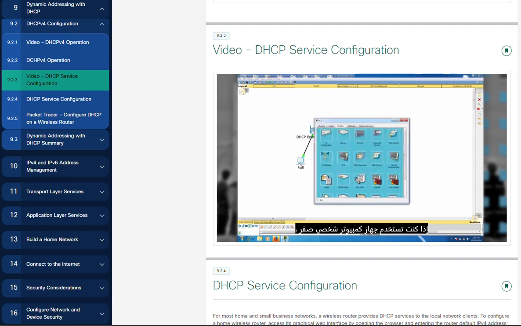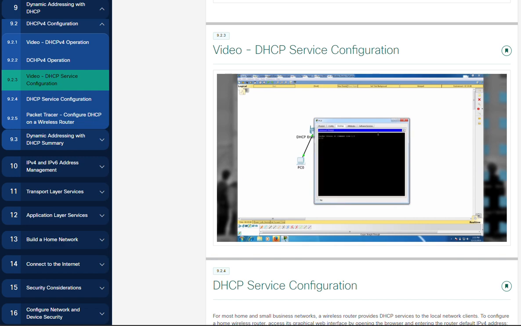So if I'm on PC 0, I'm going to go ahead and ping one of the other PCs. We know that since I have the address 100, the other two devices have the addresses 101 and 102. So we're going to try pinging both of those computers. And as you can see, we can reach that 101 computer, which is PC1 on our diagram.